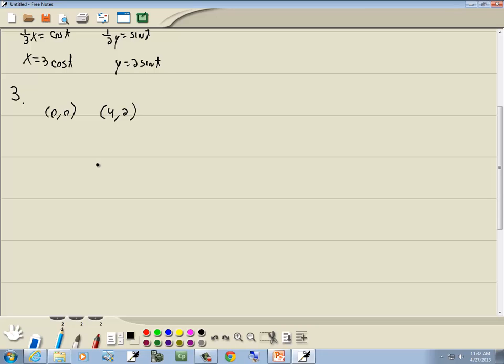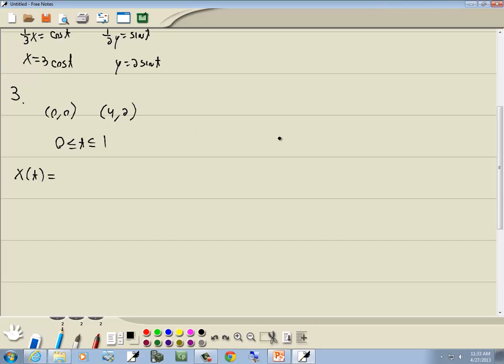Now, if I try to figure out what the t value is going to be, then I could go from 0 to 4, which would definitely work. Let me do 0 to 1, change it a little bit. So for this first piece, we're going to go from t equals 0 to t equals 1.